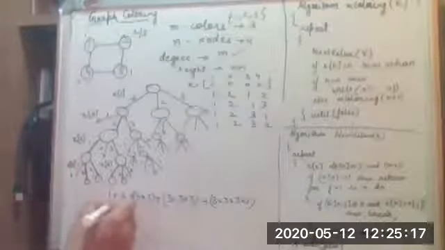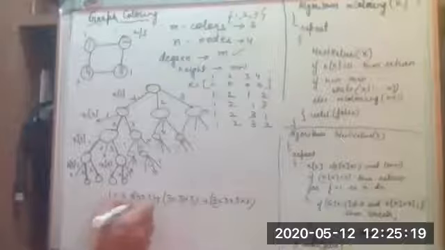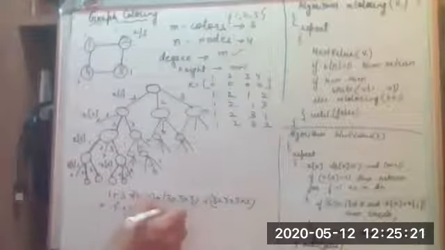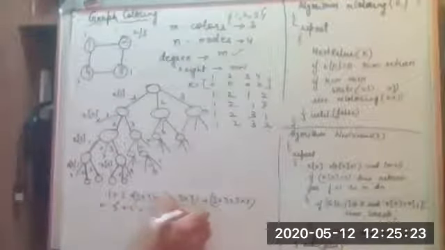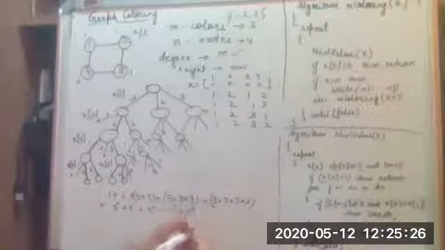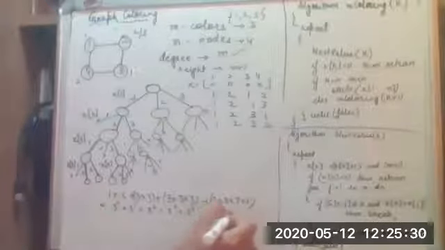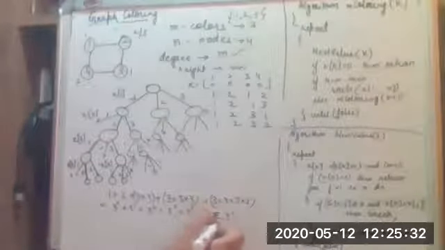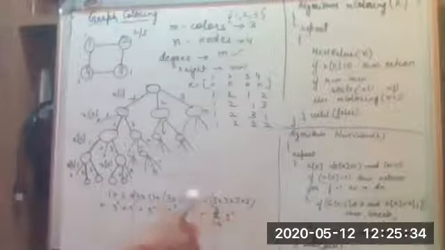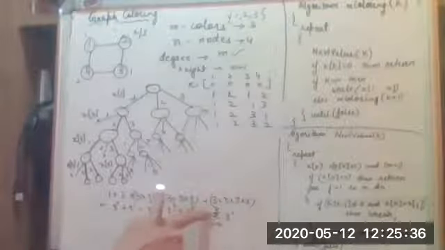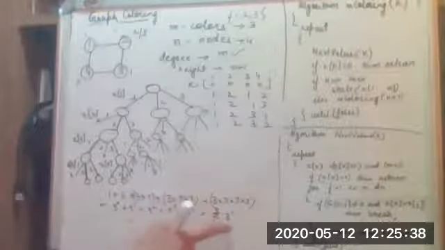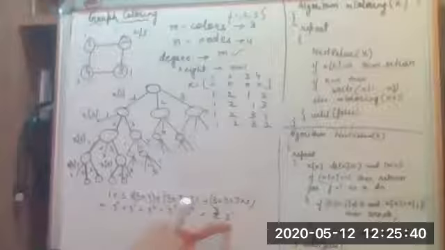So this you can write as 3 raised to power 0 plus 3 raised to power 1 plus 3 raised to power 2 plus 3 raised to power 3 plus 3 raised to power 4. Yes. So this is equal to summation of 3 raised to power i, where i goes from 0 to 4. And we can have the general formula. Now these are the 4 number of nodes and 3 is the number of colors.